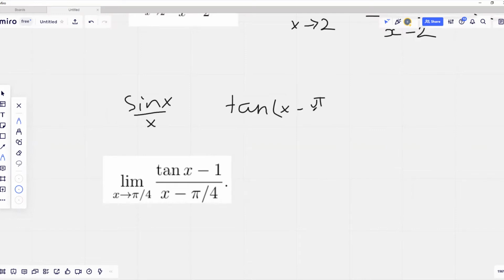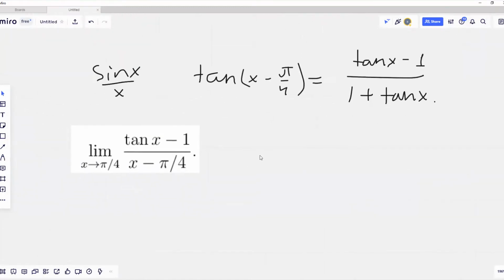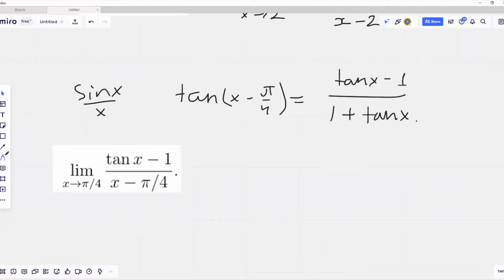If we have tangent of x minus pi over 4, then it is equal to tangent of x minus tangent of pi over 4, which is 1, divided by 1 plus tangent of x multiplied by tangent of pi over 4. So this is tangent of x. Okay, great. So we can replace tangent of x minus 1 as the following product.